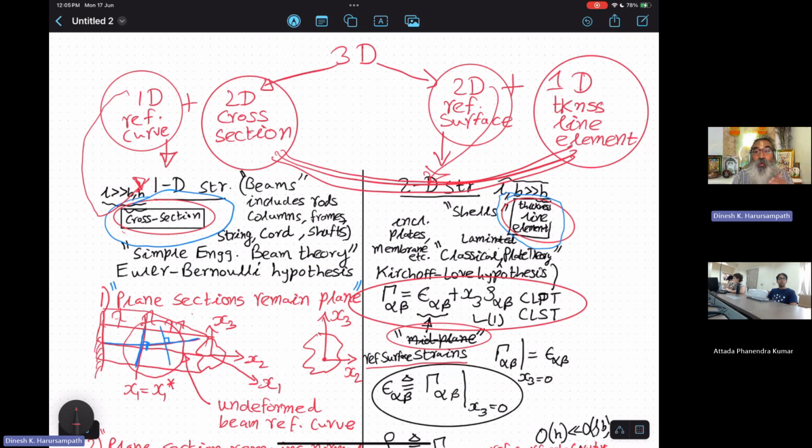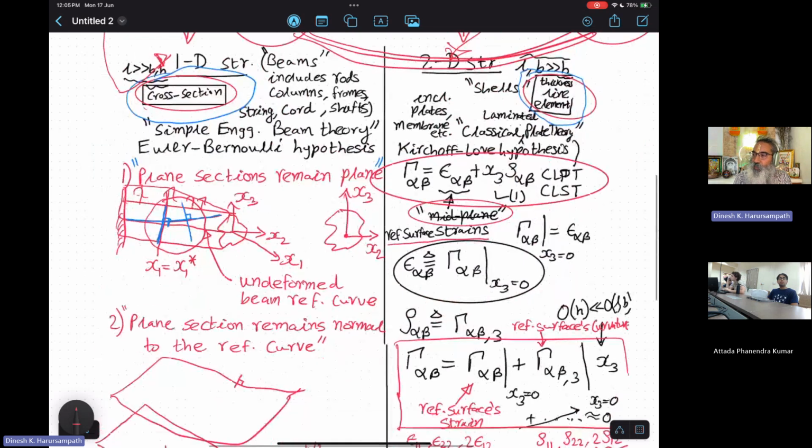Or if you're even more concerned about the accuracy, then you do what is known as a 3D model, which many of the commercial software using finite element analysis are really good at, but they take a whole lot of time as the complexity of the structure becomes more and more from the material point of view, or the geometry point of view.